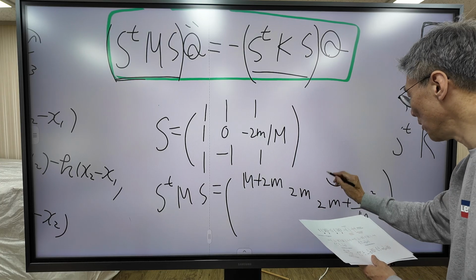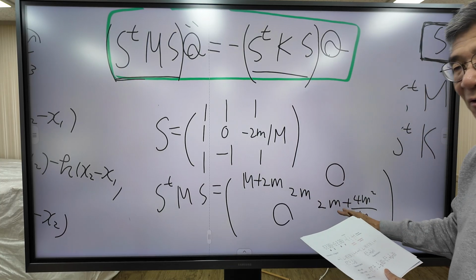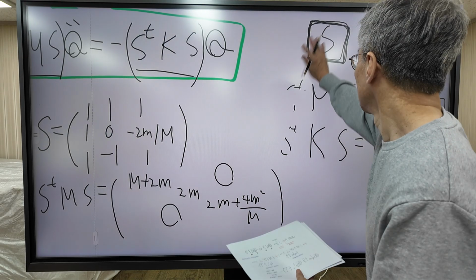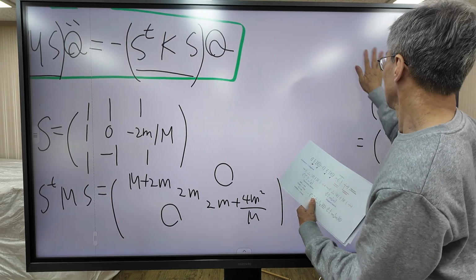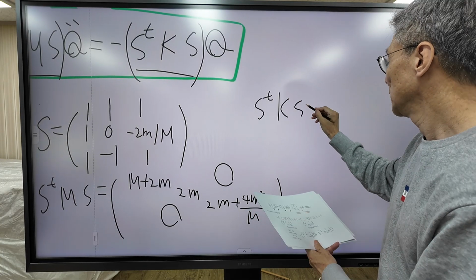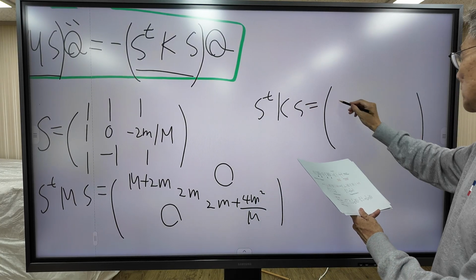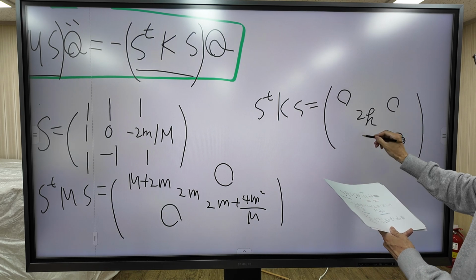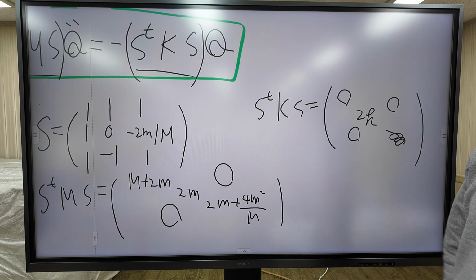And an important point is that the diagonal is 0, right? Similarly, when you calculate S^T K S, it looks like this. 2K and so on, but the off diagonal is 0. This is a main result.